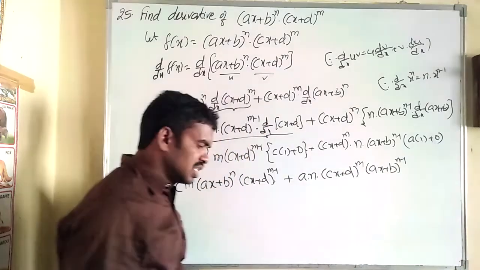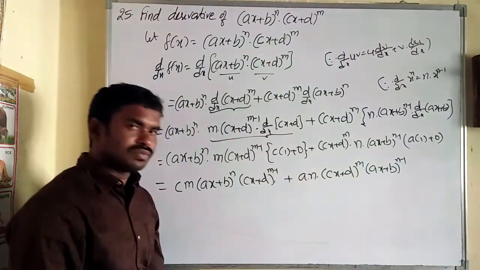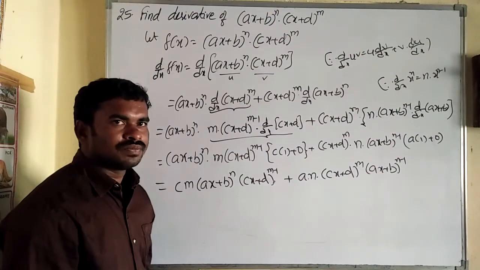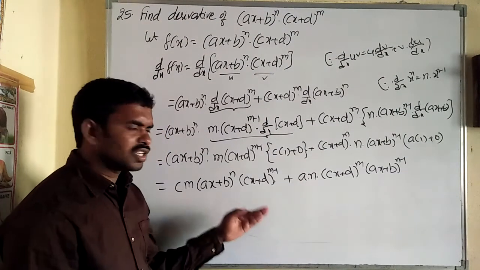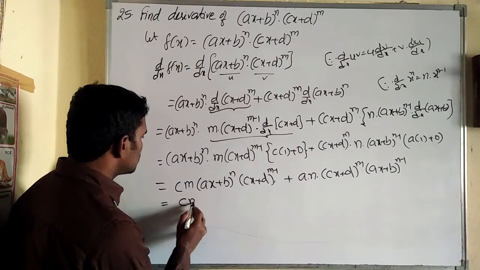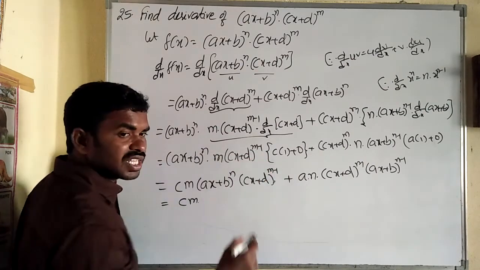Okay, so this is the answer. Next, continuation with two more steps, just simplification. So this is equal to cm into (cx plus d) whole power m minus 1.